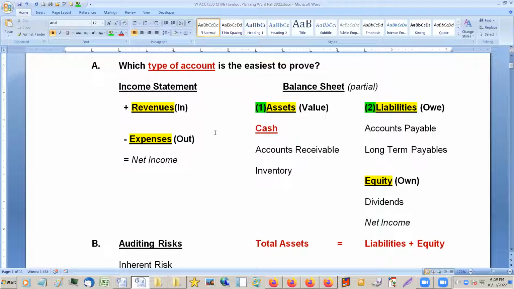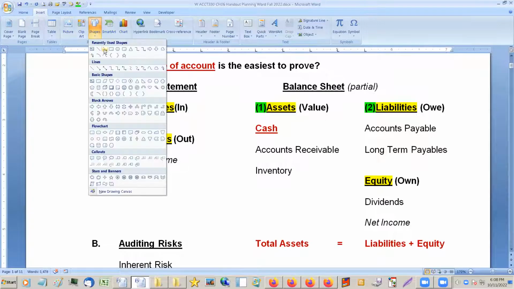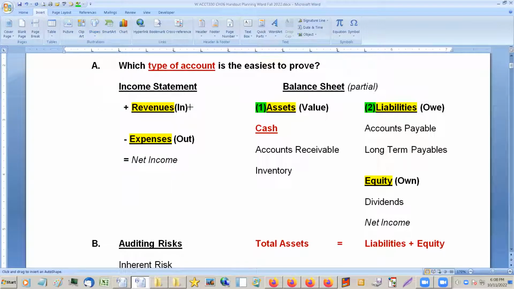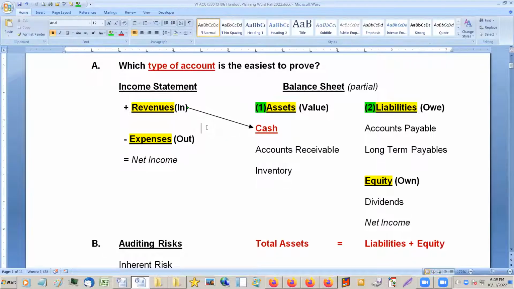Now, the thing is, virtually everything runs through cash. So one of the reasons why we really beat up the cash account when we do auditing is that while we prove cash, and cash is one of those things you can prove to a large extent, a lot of times you're proving the revenues. Right? When someone pays for something with cash, it affects the cash account.